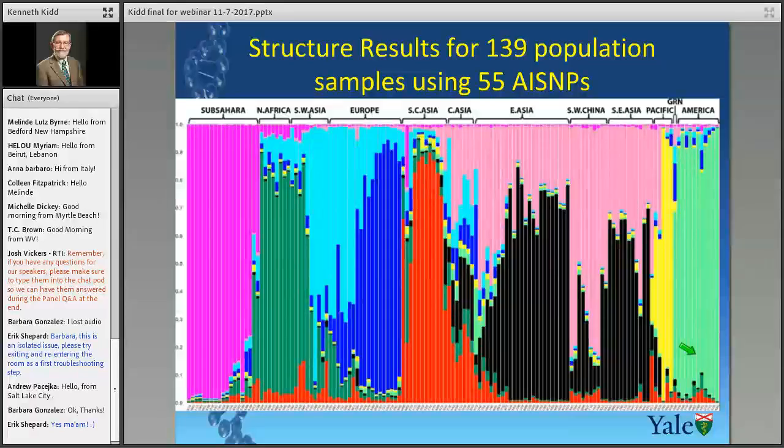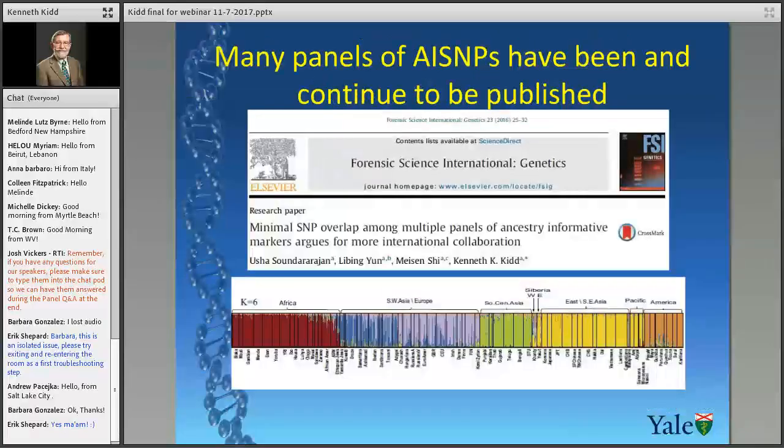The Pacific is distinct, and Native Americans are distinct. And just to keep you thinking, other slides that I'm going to show generally go from the left or top, sub-Saharan Africa, through these populations into Native American populations.